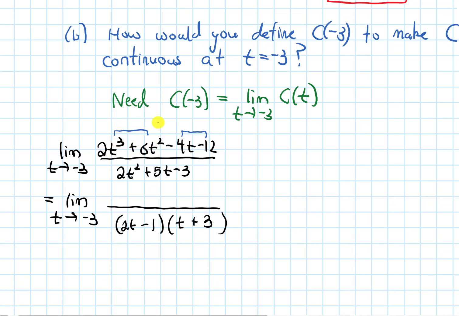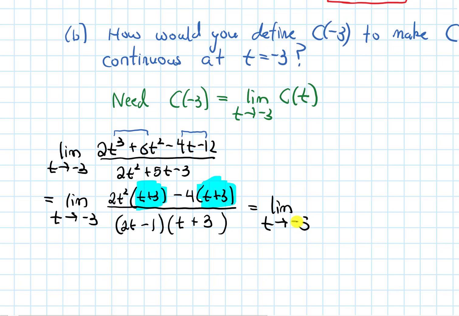So in the first 2 terms, we could factor out 2t squared, and that'll leave us with t plus 3. From the second 2 terms, I could factor out a minus 4, and that'll leave us with t plus 3. It's a little bit better to factor out negative 4 than positive 4, because I notice now that this is the same as that. So because both of my groups have this t plus 3 in common, we can factor it out.